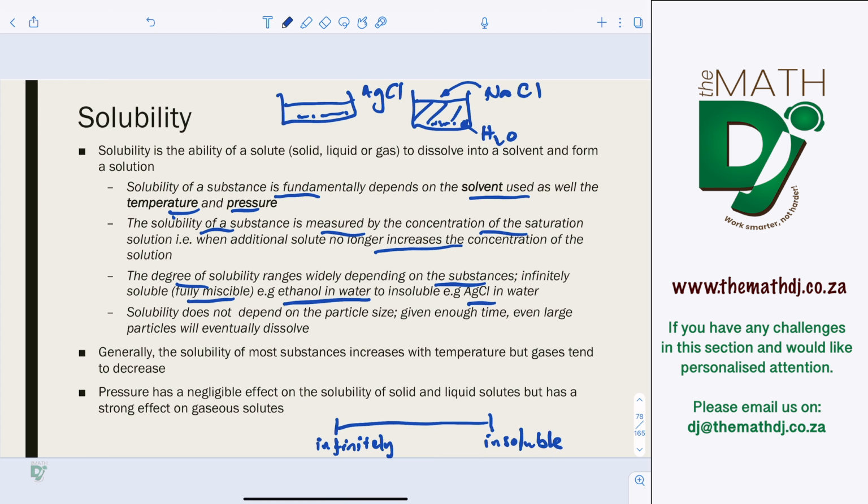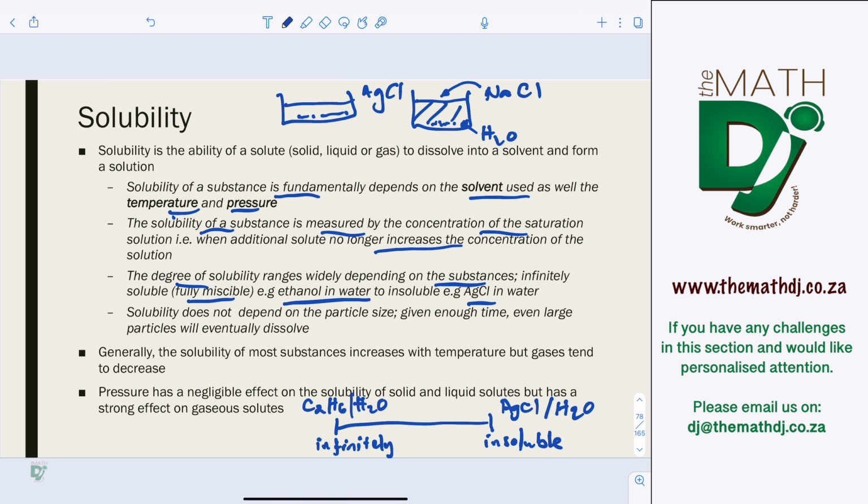So in this case, we gave an example of silver chloride and water, H2O, which is insoluble, but ethanol in water is infinitely soluble.